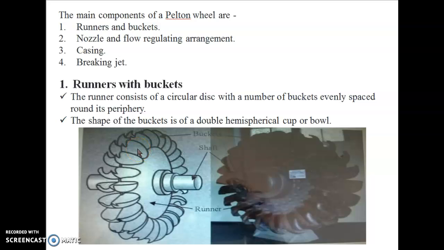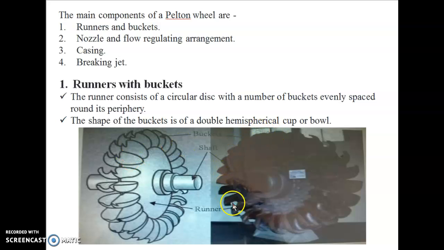First one is the runner with the buckets. In this picture we can see a schematic diagram and a photograph of a Pelton wheel. In this schematic diagram, this central, larger part is nothing but the runner. We can see that runner in this photograph also. On this runner, a number of evenly spaced buckets are mounted.